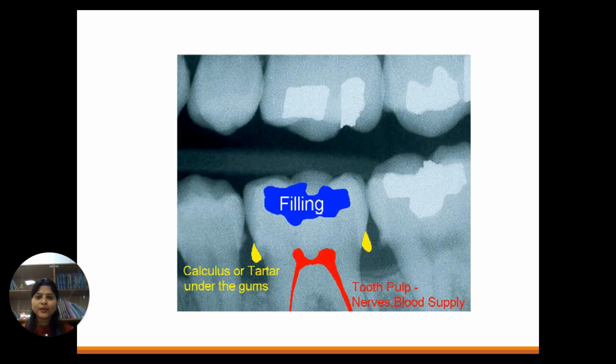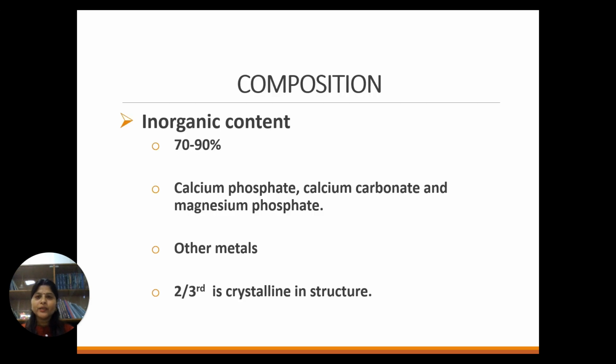This is a radiograph which shows the calculus or tartar under the gums, which is not seen clinically because it is below the gingival margin. Now what does dental calculus contain? It contains mainly the mineralized component, that is calcium and phosphate compounds: calcium phosphate, calcium carbonate and magnesium phosphate.